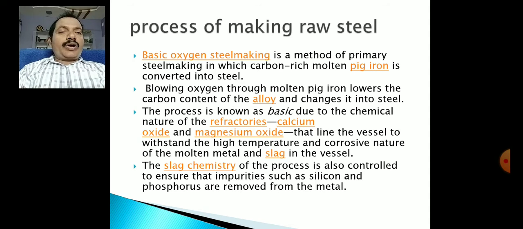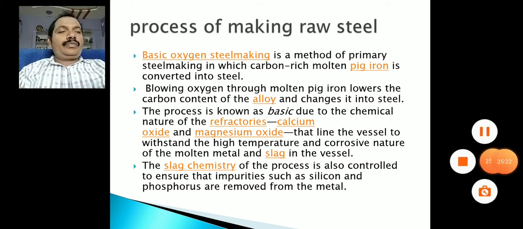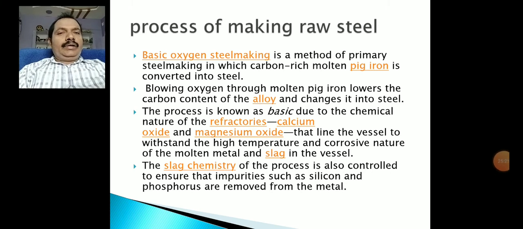So the process is known as basic due to the chemical nature of the refractories, calcium oxide and magnesium oxide, that line the vessel to withstand the high temperature and corrosive nature of the molten metal and slag in the vessel.